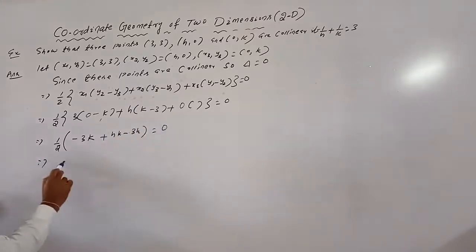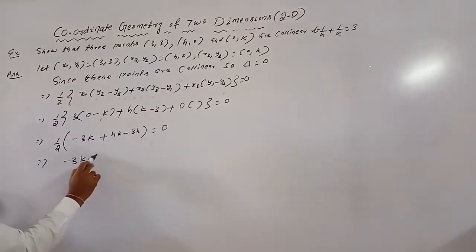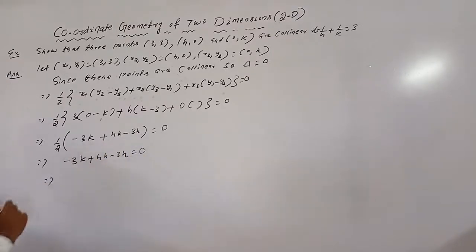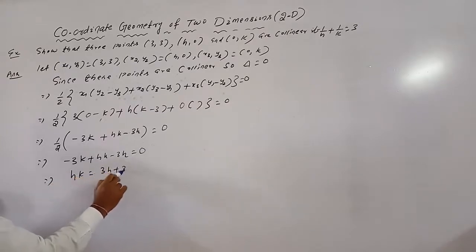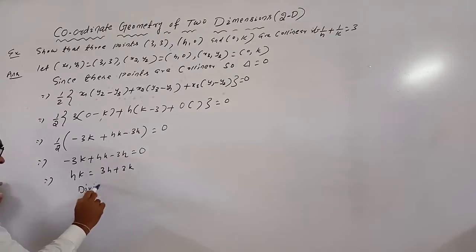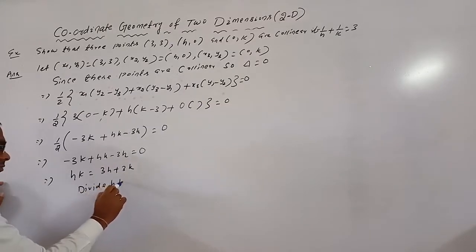That implies minus 3k plus hk minus 3h equals 0. That implies hk equals 3h plus 3k. So hk equals 3h plus 3k. Now divide by hk.